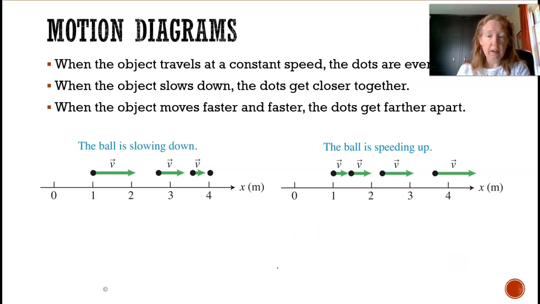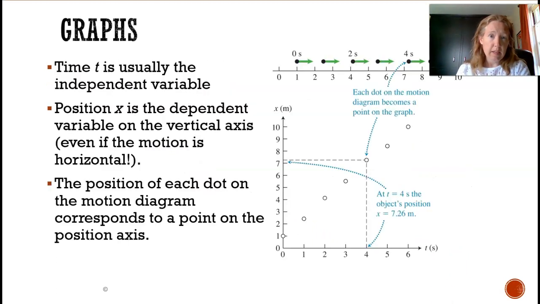Another way of showing that is graphing it. So we can graph motion, and we can get a lot out of that graph. It's basically taking those dots and plotting the position, the number that you have on the tape measure or the number line, on the y-axis, which is a little weird because it was an x position, right?